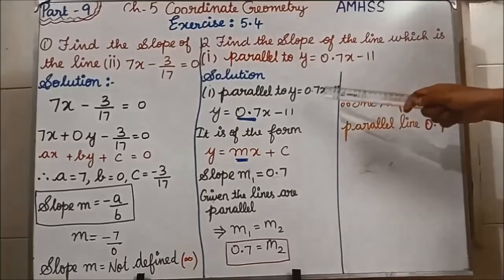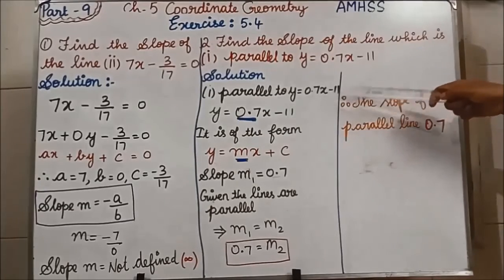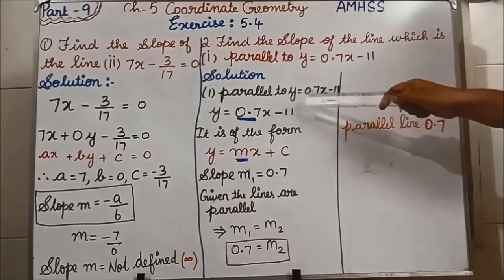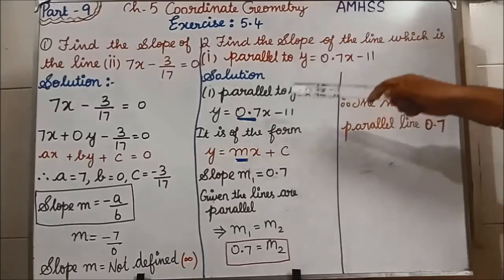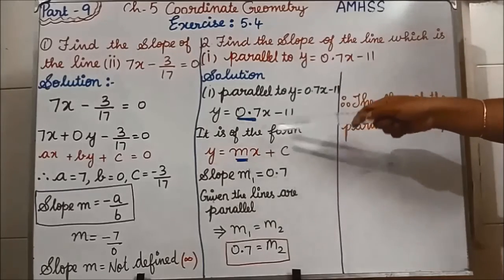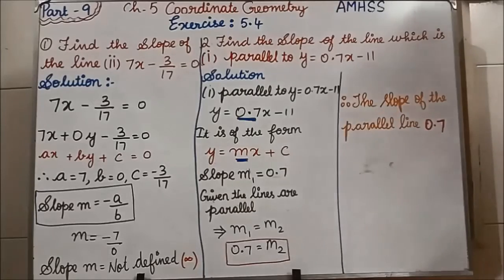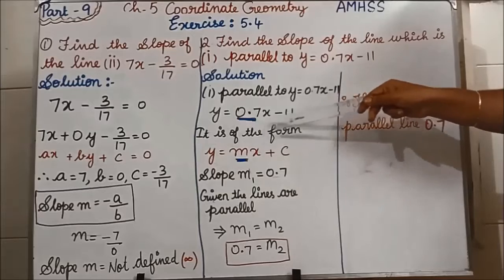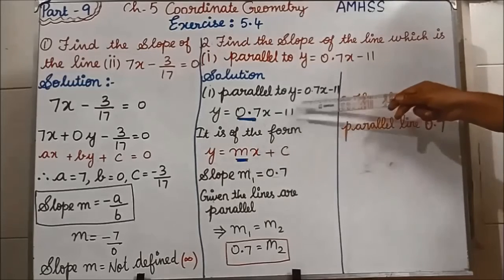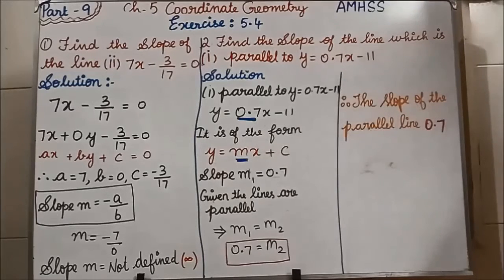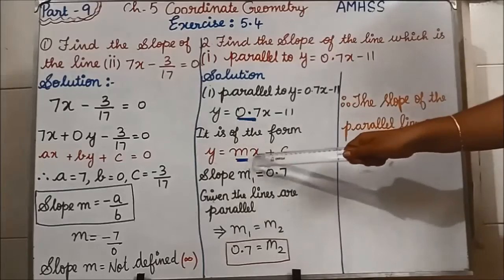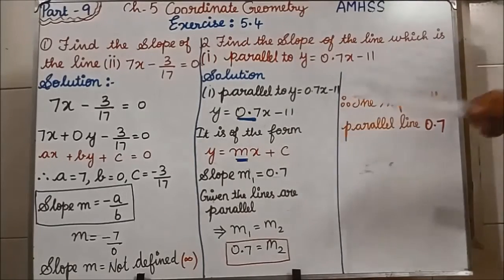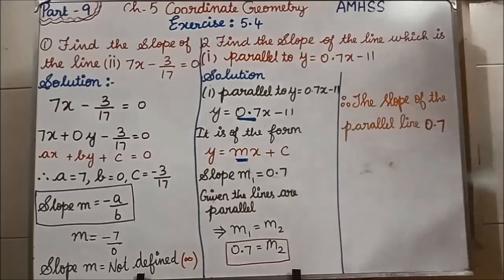First you write y equal to 0.7x minus 11. This equation is of the form y equal to mx plus c. Here on the left hand side we have y, this 0.7 is our m, the x term, and one constant term. So in the place of m we have the value 0.7. So slope m1 is equal to 0.7.